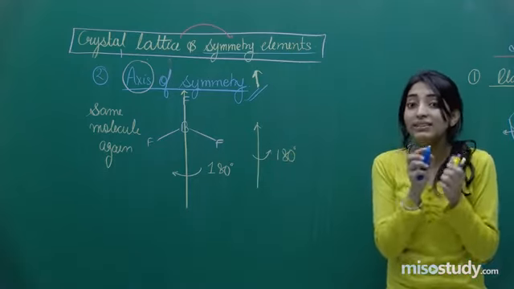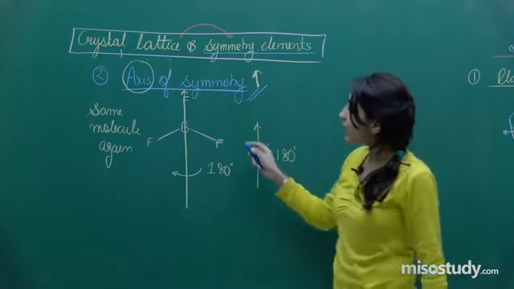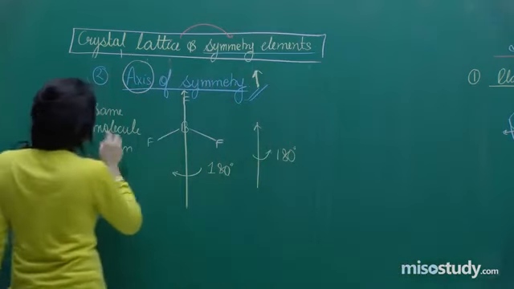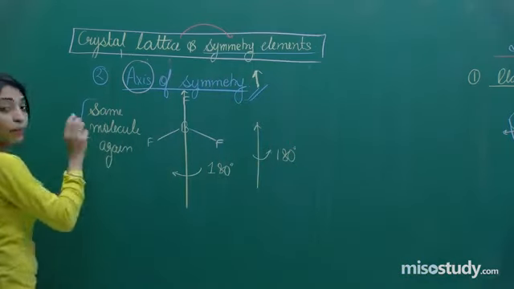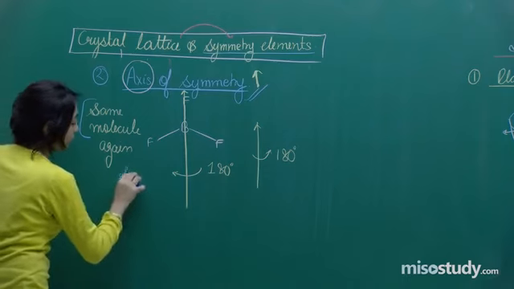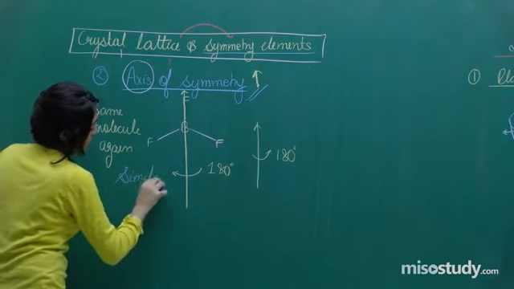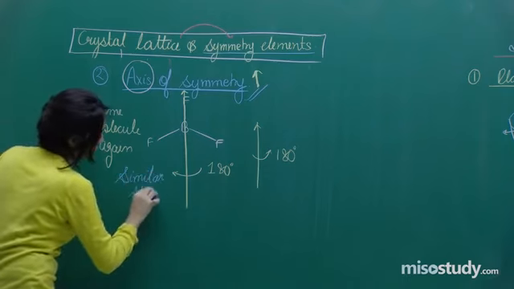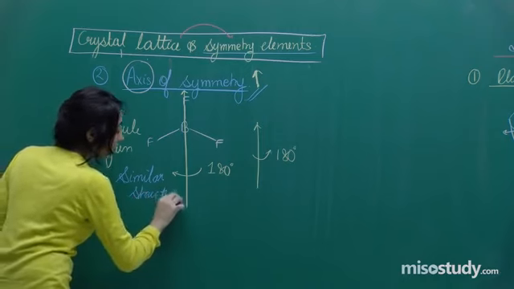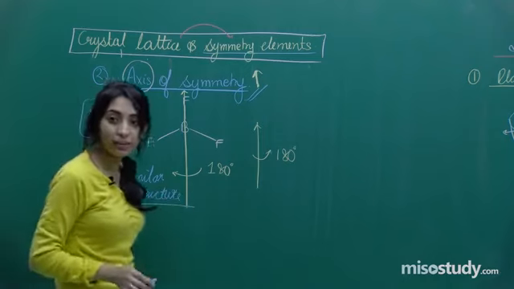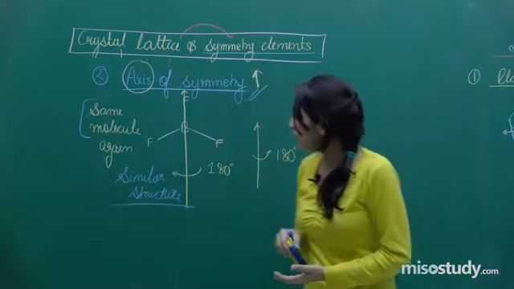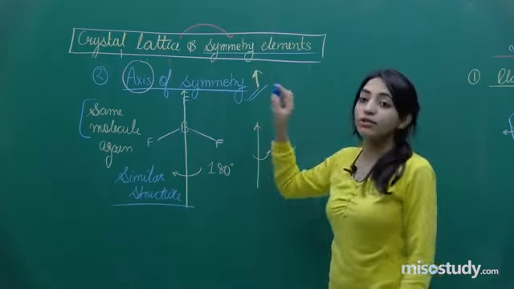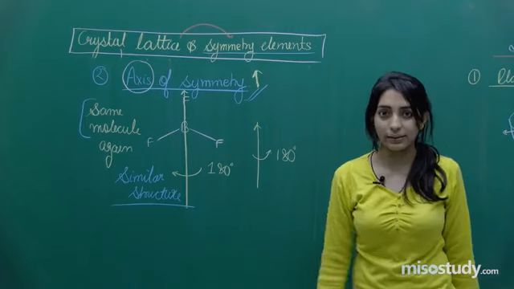I am not saying same structure, I am saying similar molecule. The molecule will be the same, but the structure similar. So if the structure of the molecule comes out to be similar, we can simply say that the axis of symmetry is present in the system.